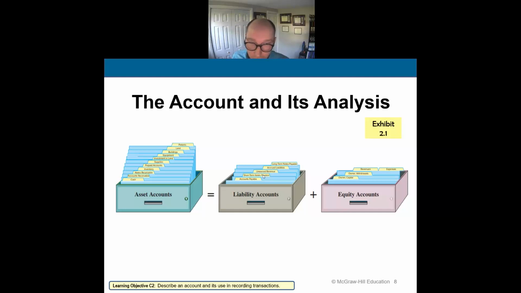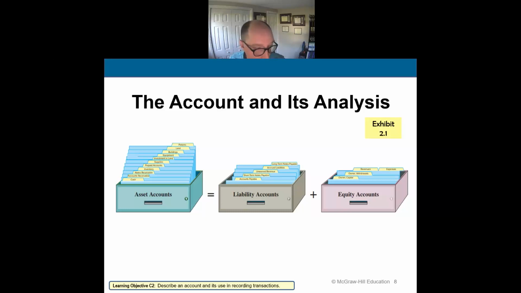Liabilities, as you know, is anytime the company owes money to someone else. Accounts payable. That's when we sold something to the customer and the customer has not yet paid us. That's an accounts payable. Oh, wait, I'm sorry. That's accounts receivable. Accounts payable is when we received the bill and have not yet paid it.